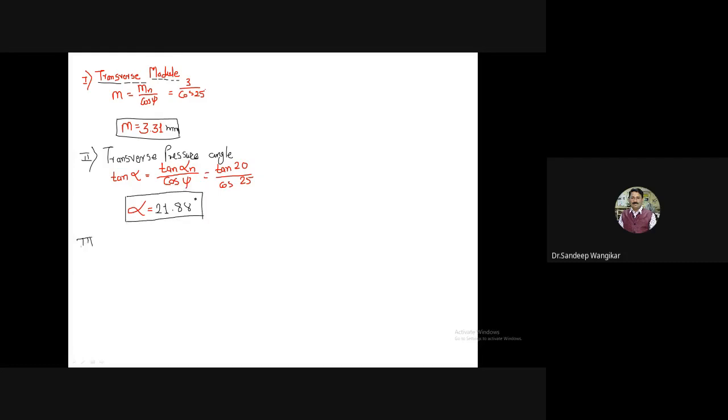Simple steps are there. Number 3, go for axial pitch.